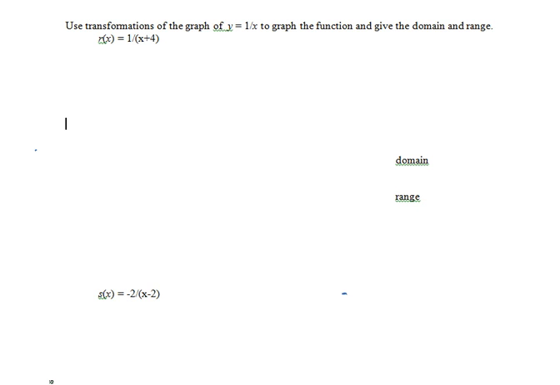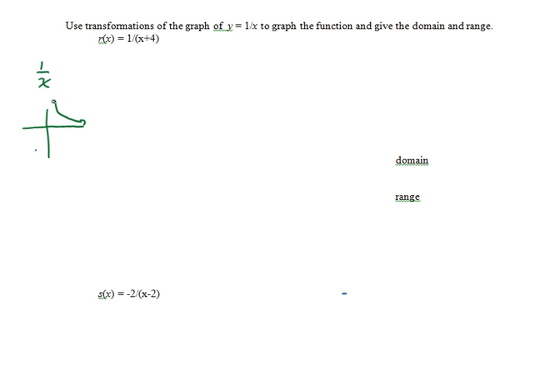Here we are to use transformations of the graph of y equals 1 over x to graph the functions and give their domains and ranges. First of all, we start with the function y equals 1 over x, which we will remember is a hyperbola.